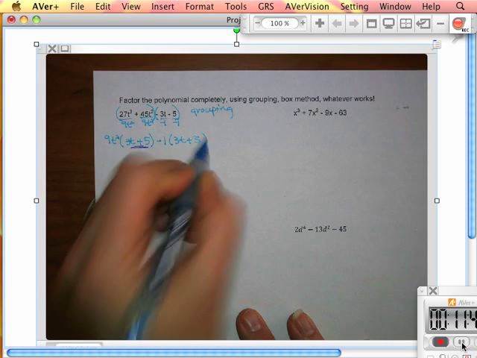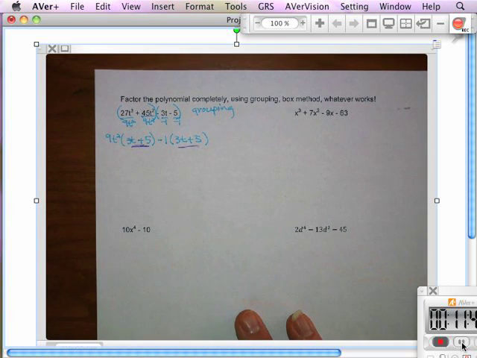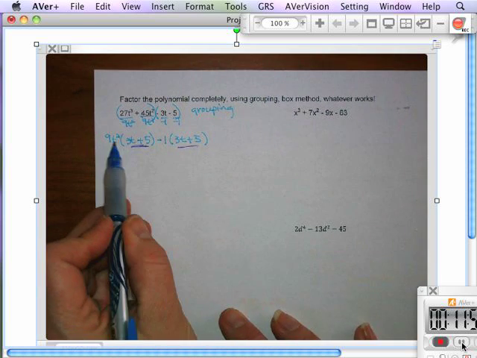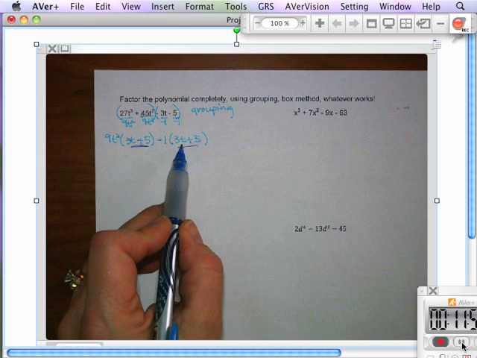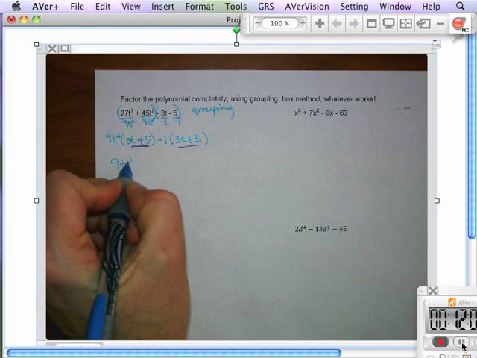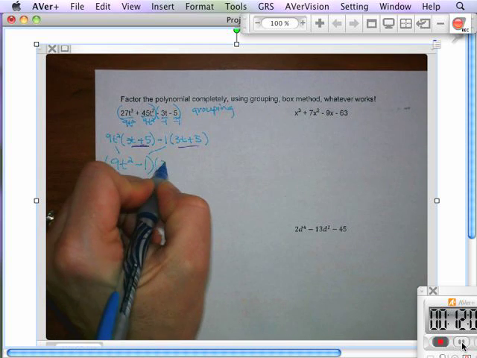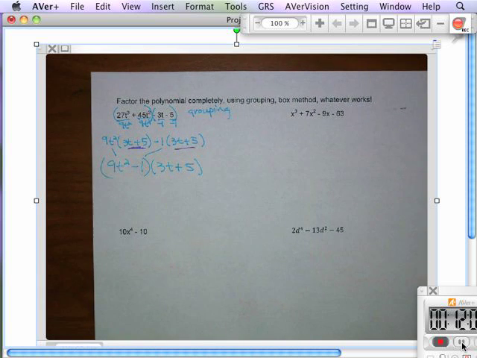And when these match, then you can finish up the problem. So now you have 9t squared times 3t plus 5 and minus 1 times 3t plus 5. And you can rewrite it like this: 9t squared minus 1, I brought that and that together, times 3t plus 5. That's grouping. Hopefully you've seen that before.